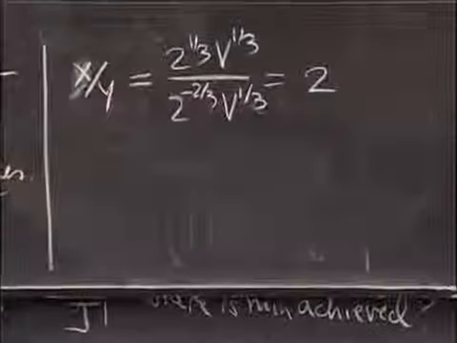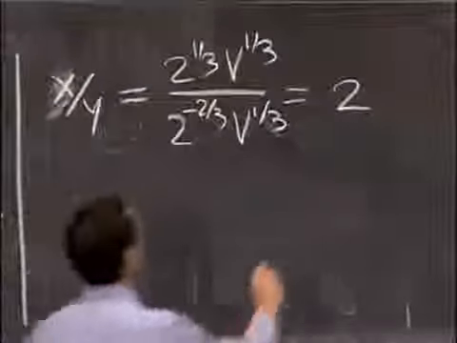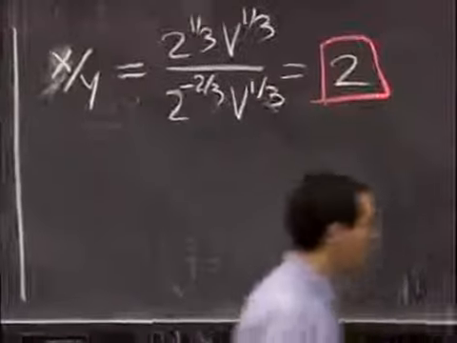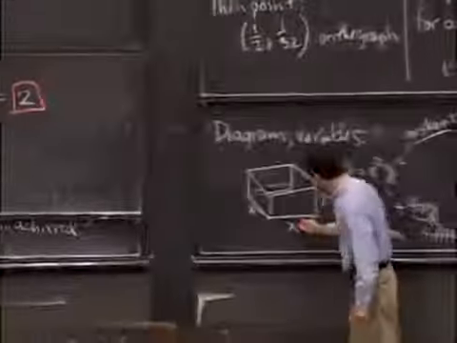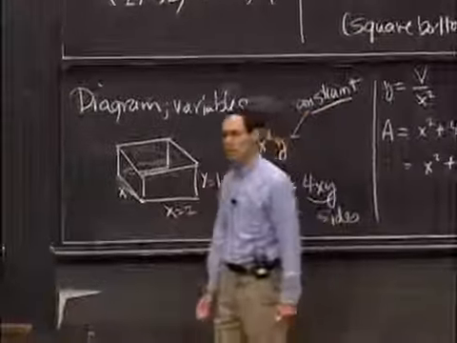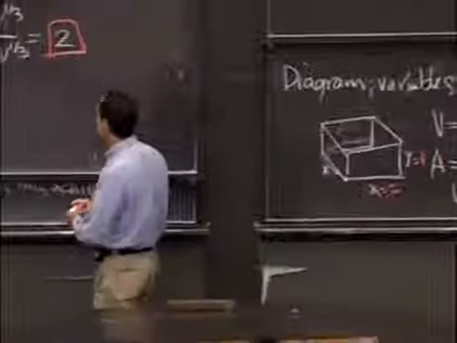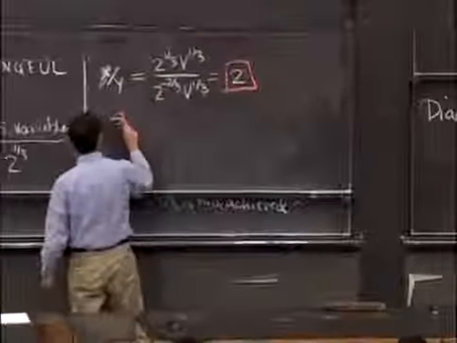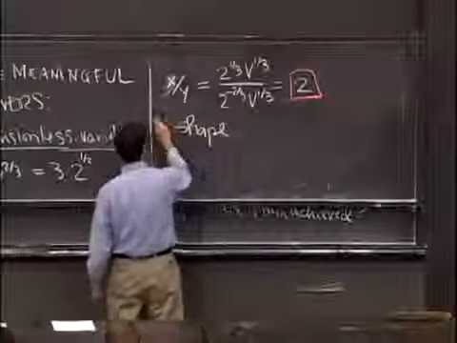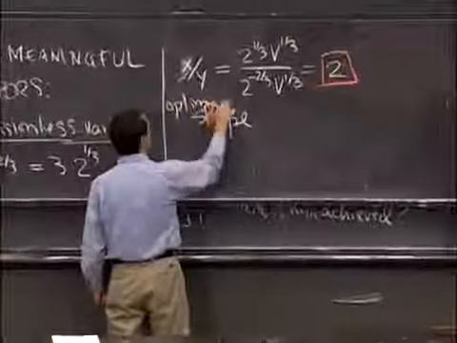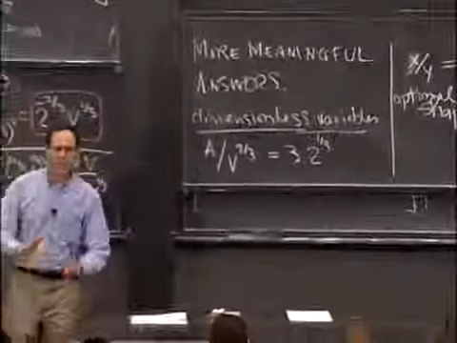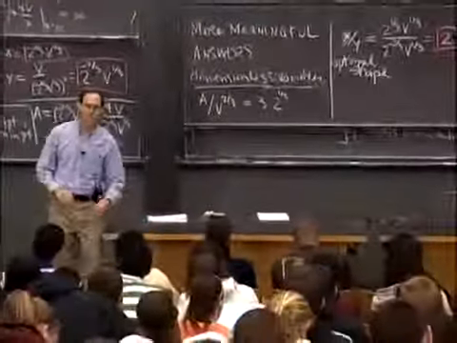So this is actually the best answer to the question. And it shows you that the box is a 2 to 1 box. If this is 2 and this is 1, that's the good box. And that is just the shape, if you like. And it's the optimal shape. And certainly, aesthetically, that's the cleanest answer to the question.